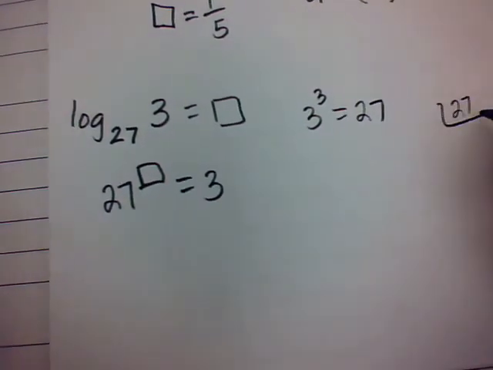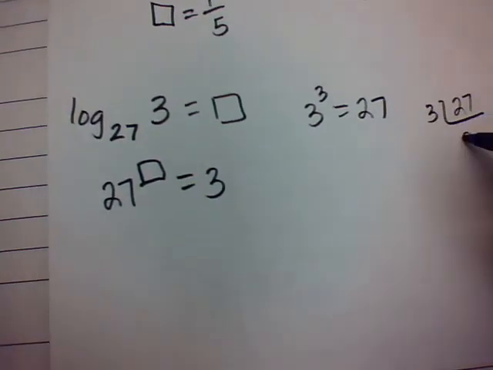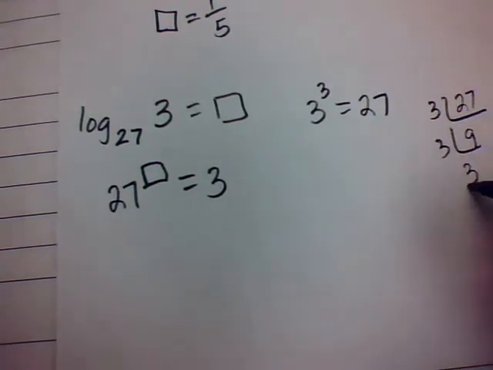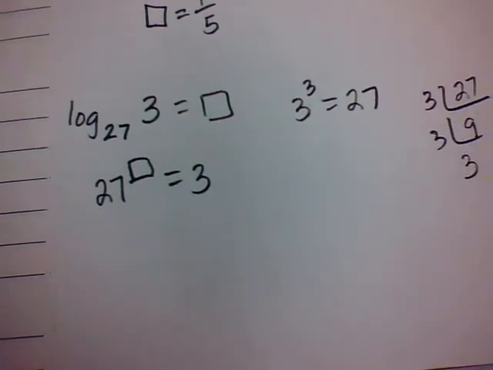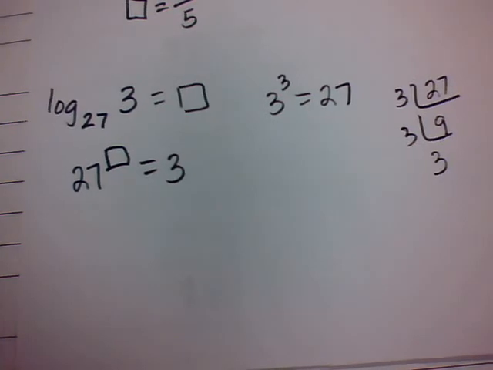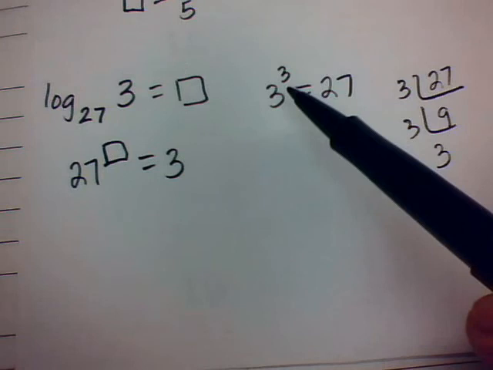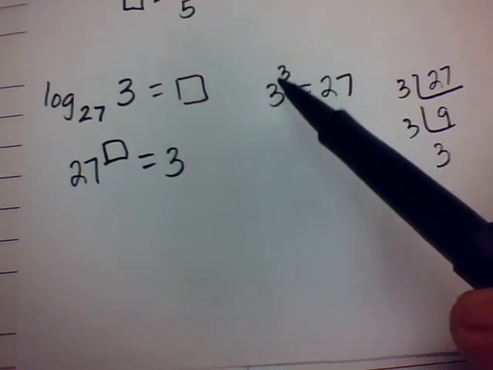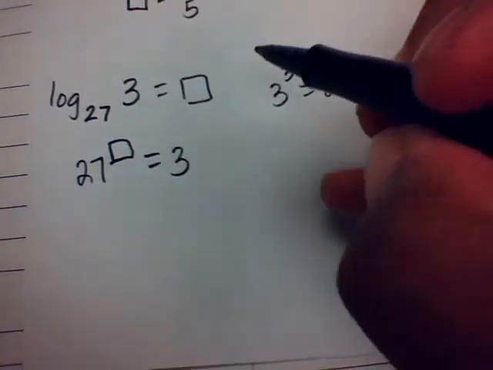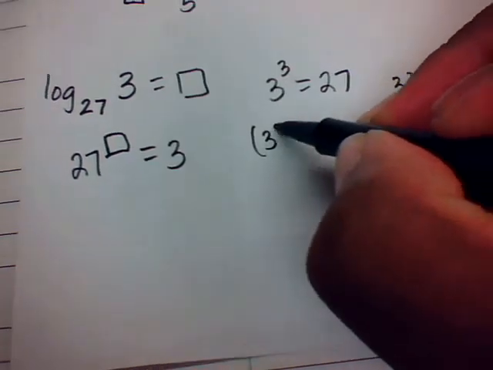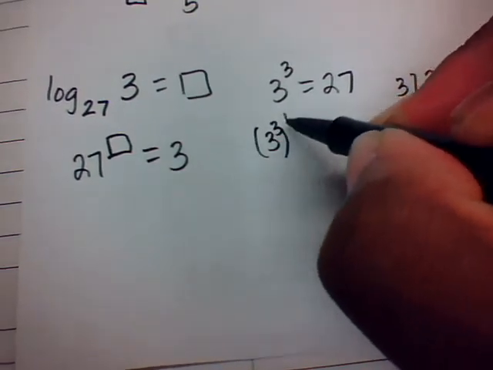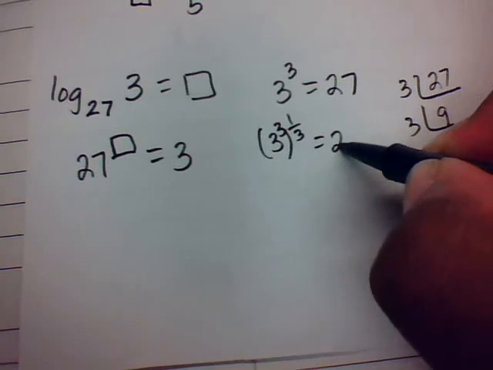Because in this case, if you keep dividing by 3, you'll see that 3 is used as a factor 3 times. Now, I'm going to make that 3 to the third into 3 to the first power. The reciprocal of this 3 is 1/3, so let's raise both sides of that equation to the 1/3.